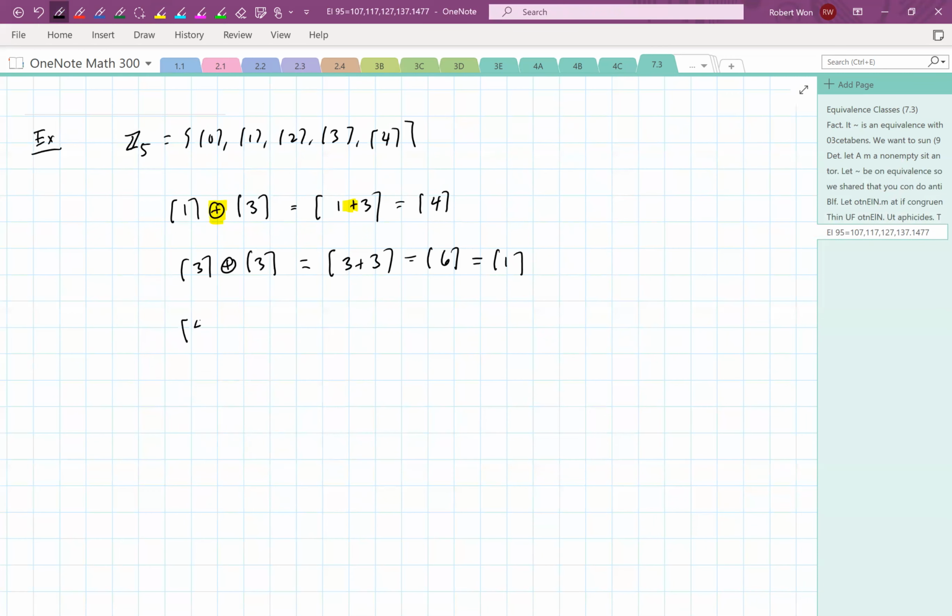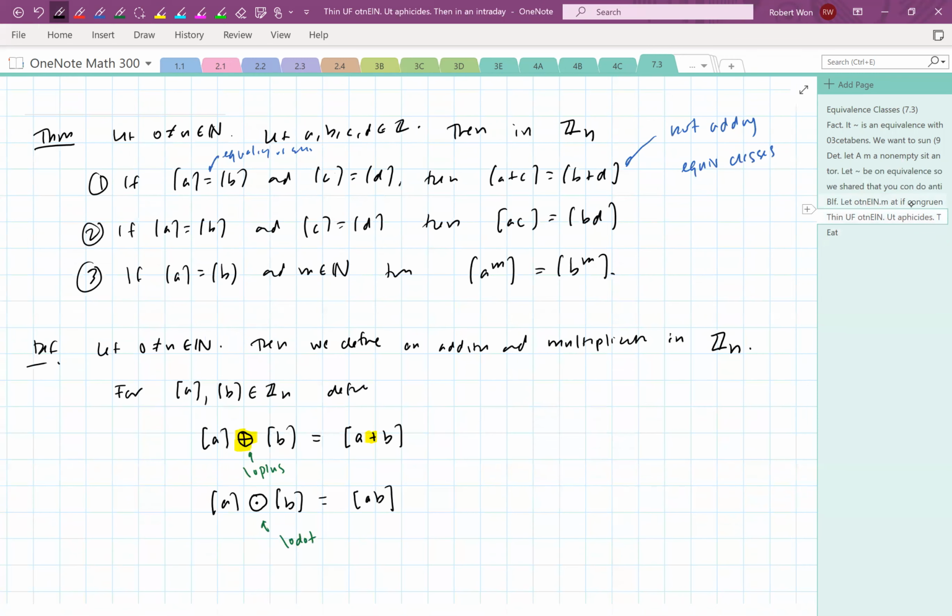Similarly, if we take the equivalence class of 4 times the equivalence class of 2, I define this to be the equivalence class of 4 times 2, which is the equivalence class of 3. And the whole point is that this theorem guarantees that this definition makes sense.